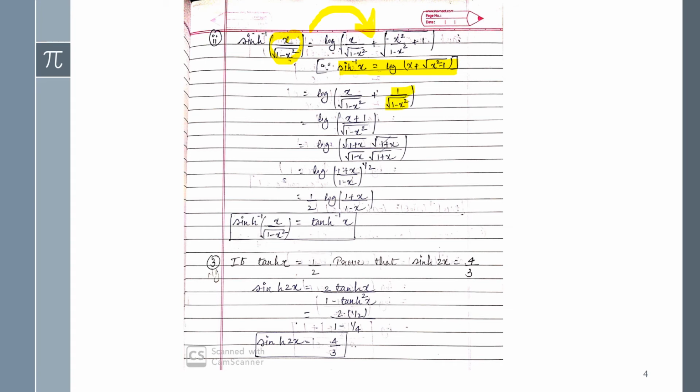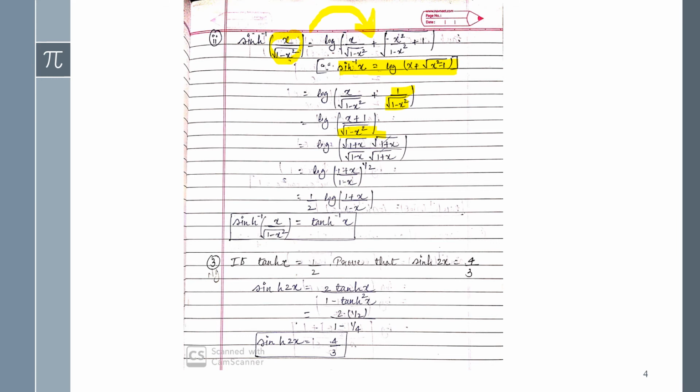You can see that here I have just cross multiplied the terms, that is 1 minus x square, then the x square will be removed, the remaining term will be 1 upon under root 1 minus x square. Now you can see that the LCM is also already similar, so just taking out its LCM and you will get this one. Or here I have split the term 1 minus x square into 1 minus x and 1 plus x.